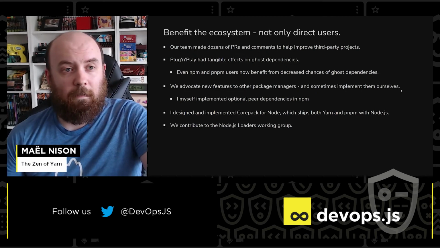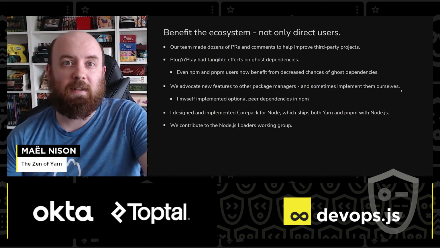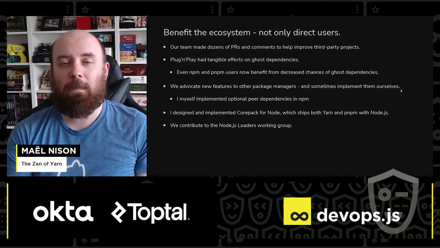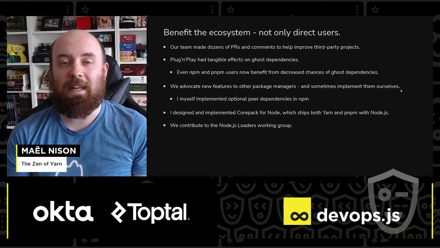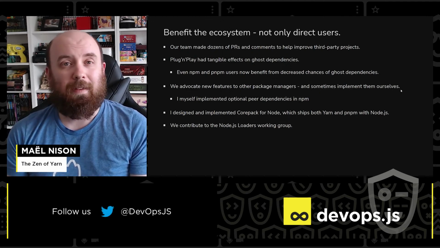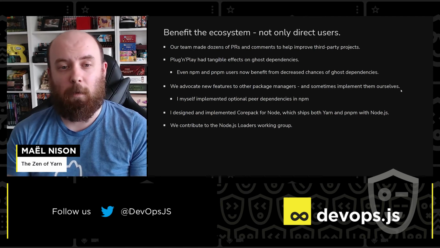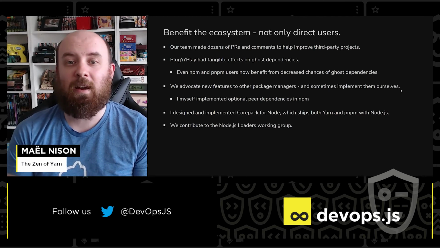We also advocate for new features to other package managers, and sometimes we even implement them ourselves. As an example, I myself implemented optional peer dependencies in npm years ago. Additionally, we work with the Node projects. For example, I designed and implemented Corepack for Node, which ships both Yarn and pnpm with Node.js.